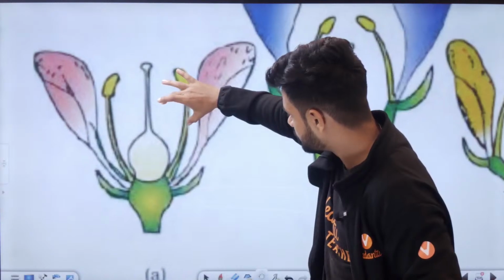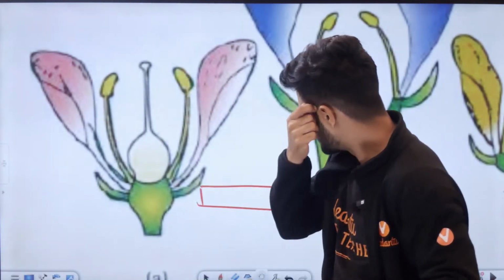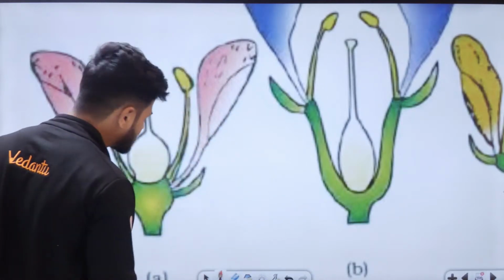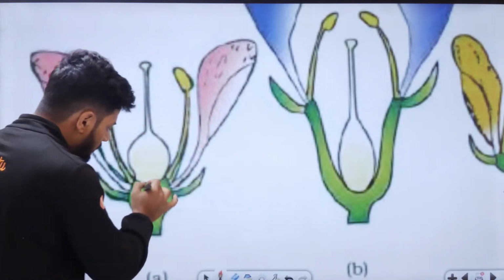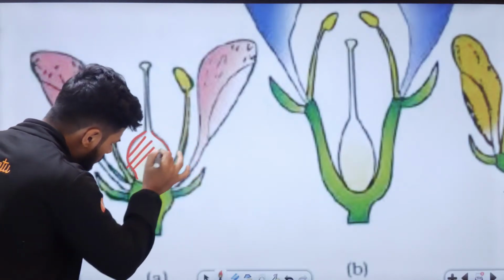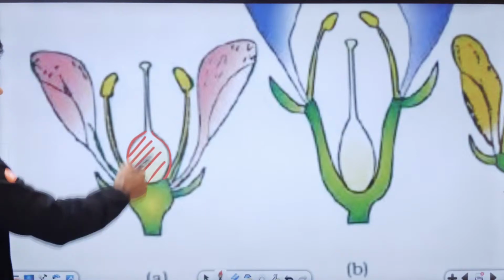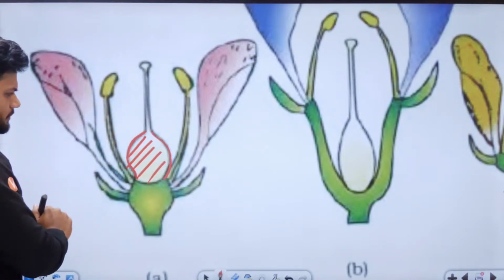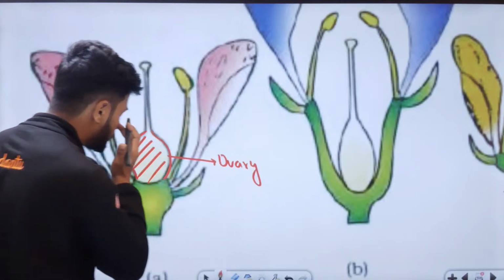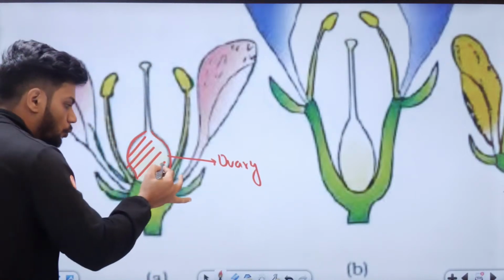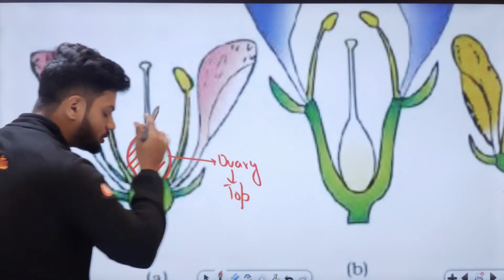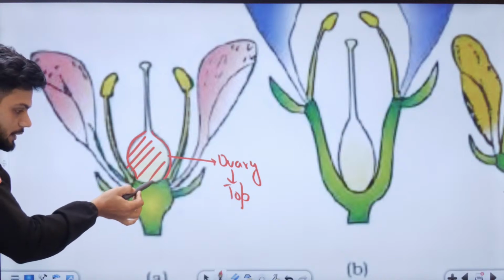Right here, this is the entire gynoecium, or carpel. This is the ovary. Can you see the ovary, the part of the gynoecium, is completely on the top?